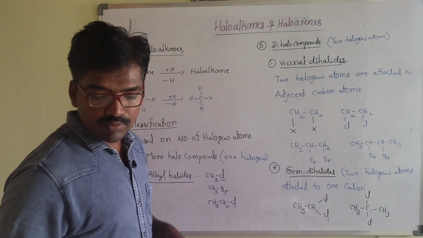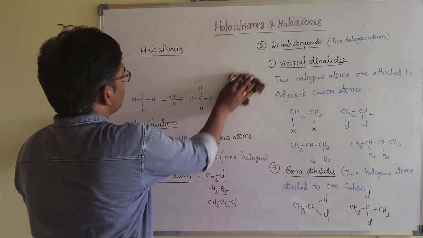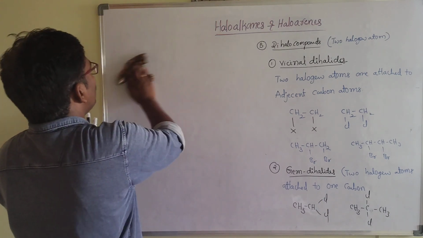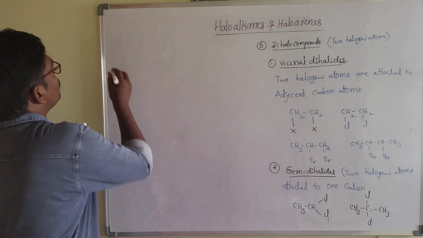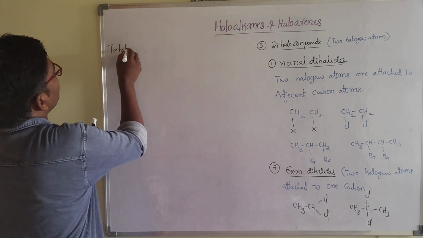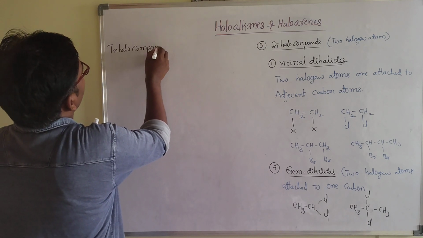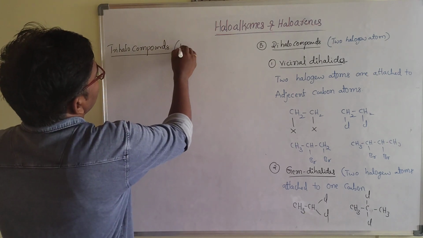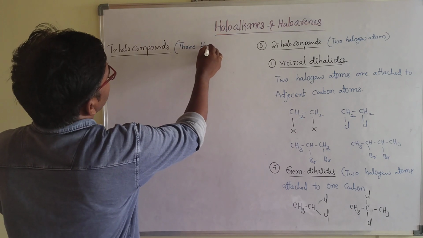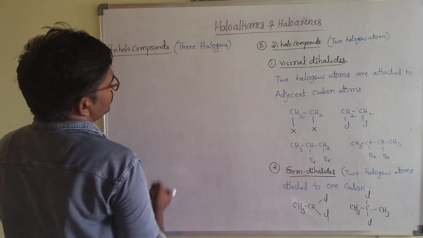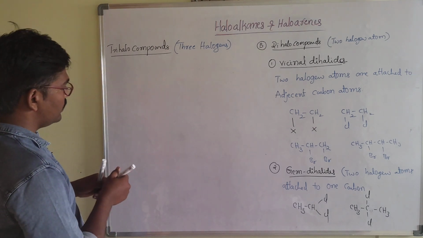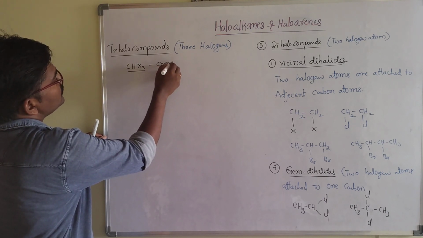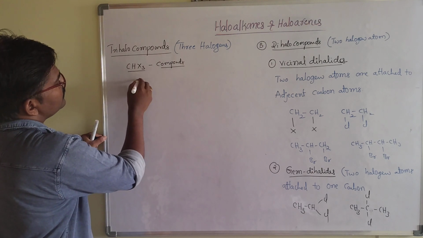Next, trihalo compounds. In the name itself it is there: 3 halogen atoms are present in the compound. For example, CHX3 type compounds.